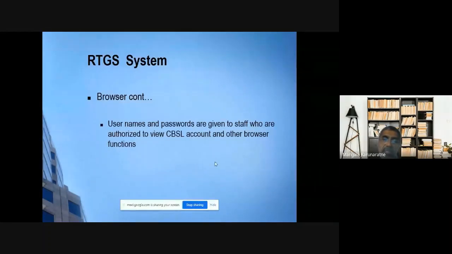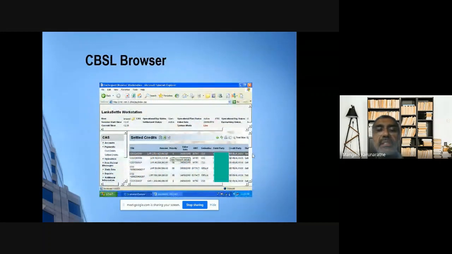Why do we call it scriptless? Because now we don't have them in paper format. Now, without disclosing the counterparty debit party, I have just put a screen of the browser.